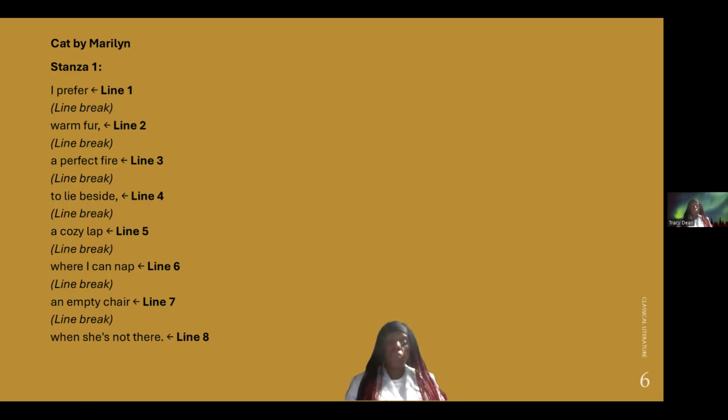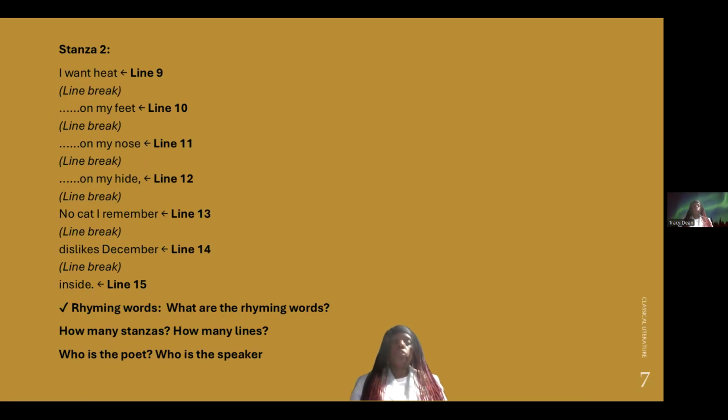Now, see that there are how many lines in the stanza? And remember, you need to be able to recognize line breaks. Stanza 2, same thing. You see, we have a line 9, a line 10, a line 11, line 12, and notice there's a line break in between every line, all the way to the last line.